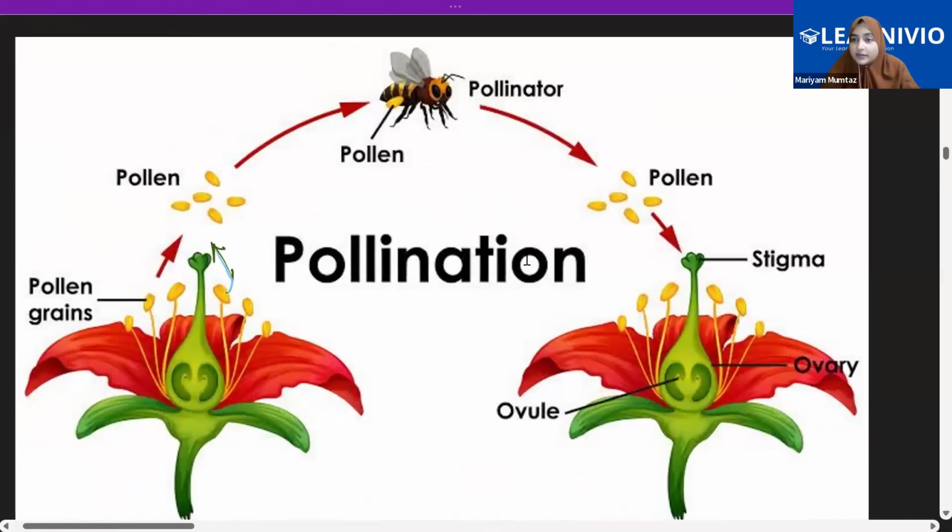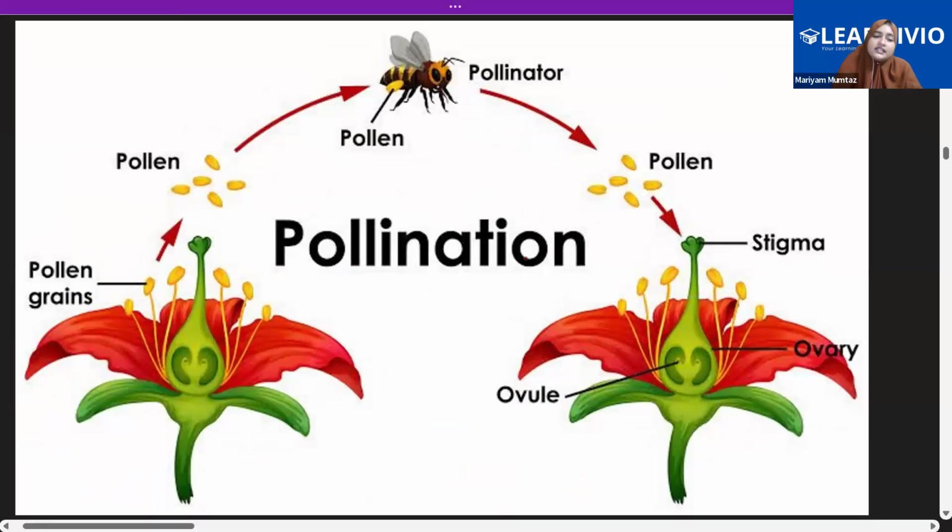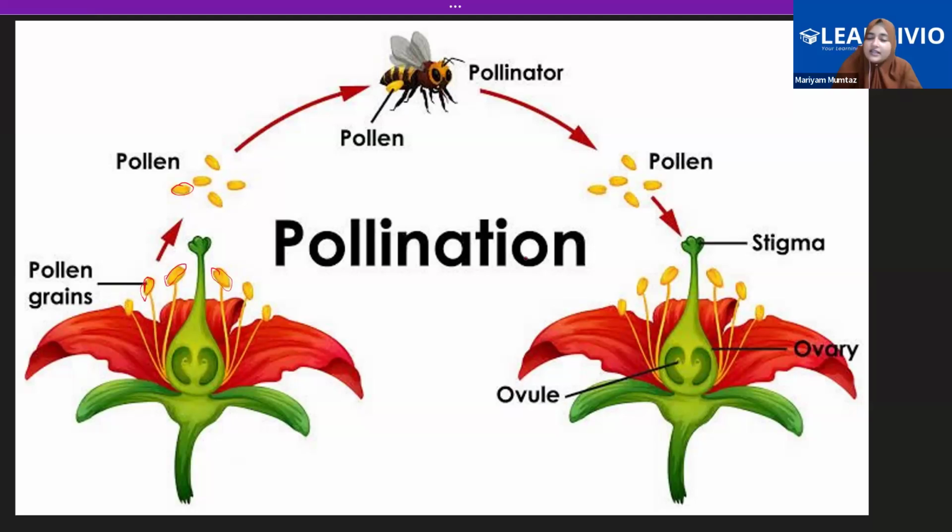So if you see in this particular picture, how the pollen grains are being released. These are the pollens and they are released from the anther, right? Each of these anthers has thousands and thousands of pollen grains made.